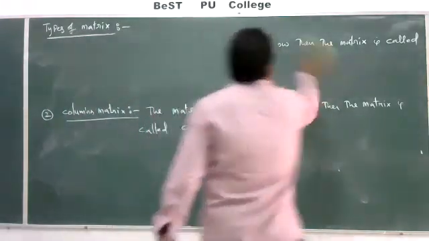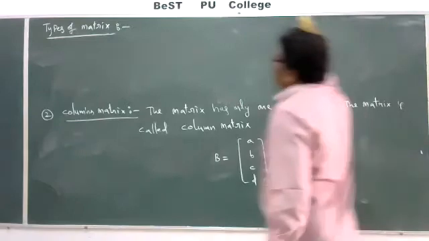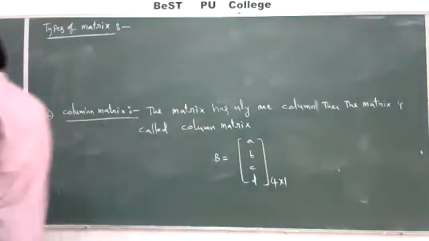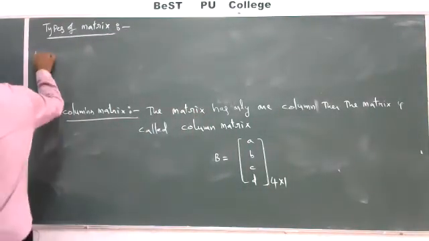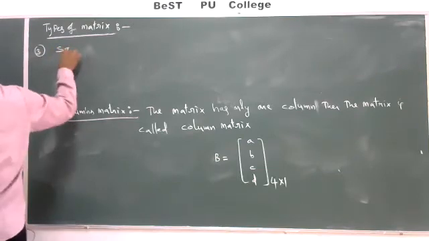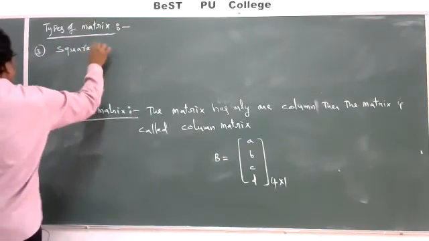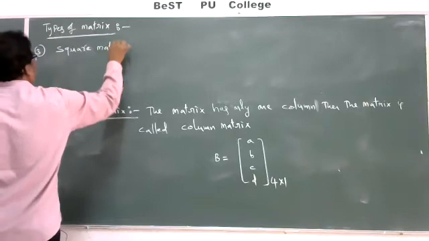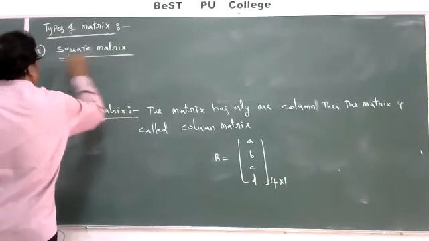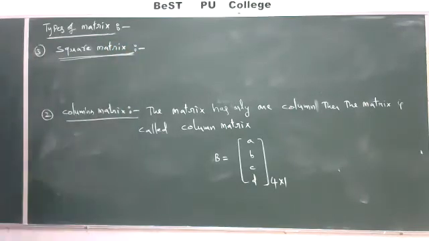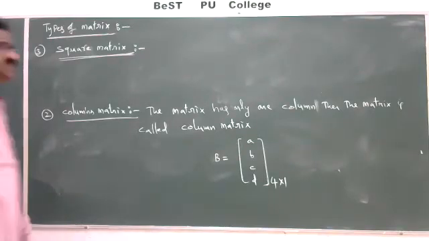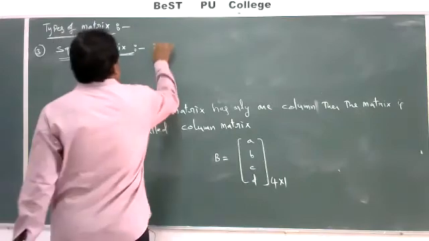Next, square matrix. If the number of rows is equal to number of columns, then the matrix is called square matrix.